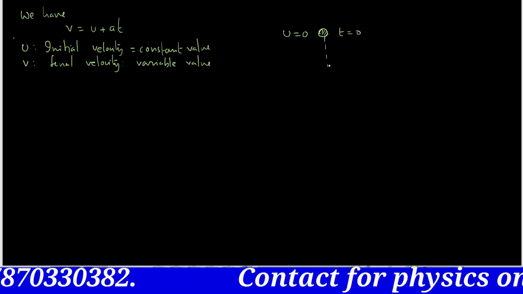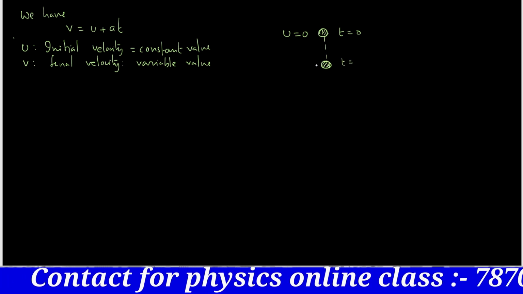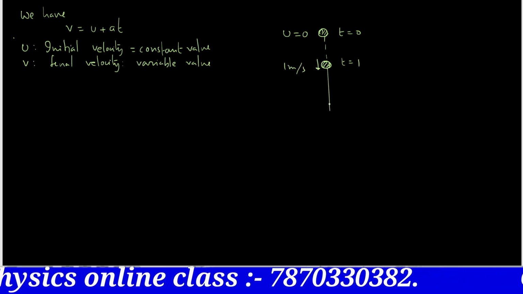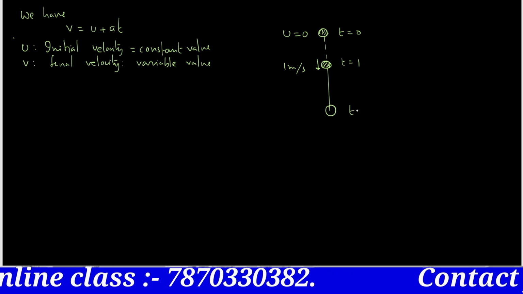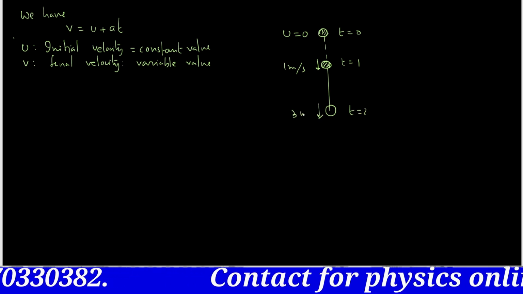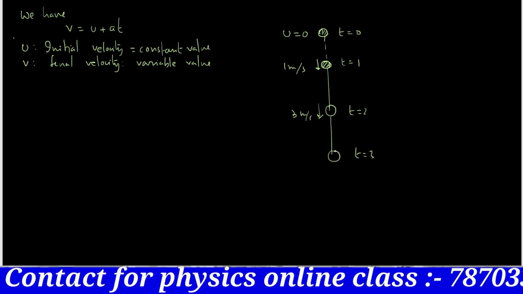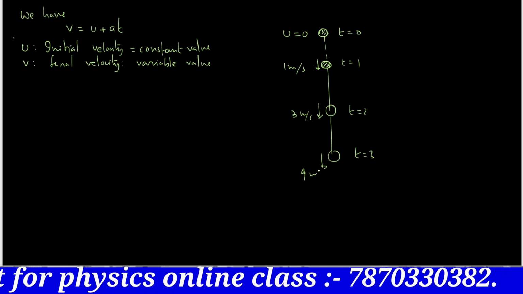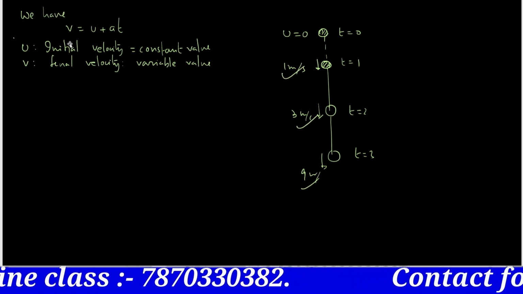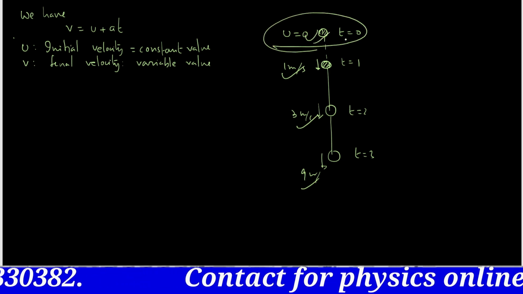But as time passes, suppose at t equal to 1 second, the velocity is 1 meter per second, at t equal to 2 seconds it becomes 3 meter per second, and at t equal to 3 seconds it is 9 meter per second, and so on. So it depends on t. This is variable, and this is constant at this moment.